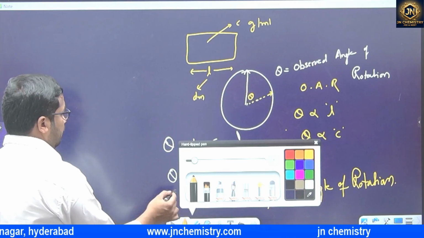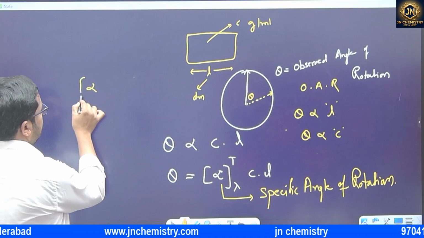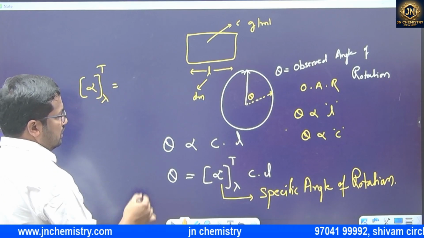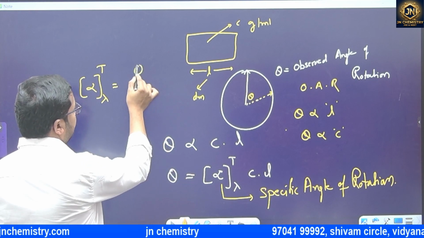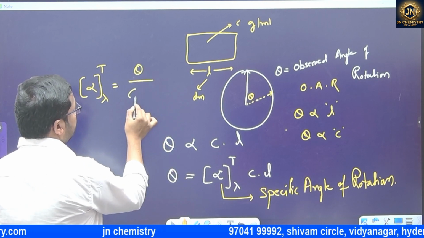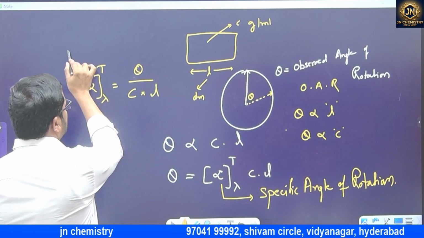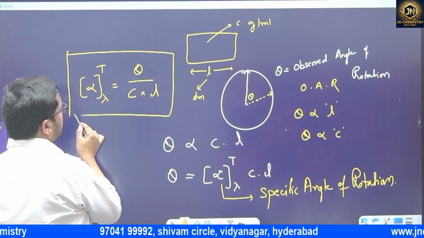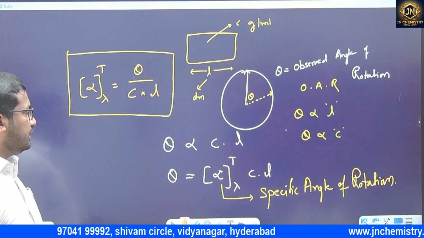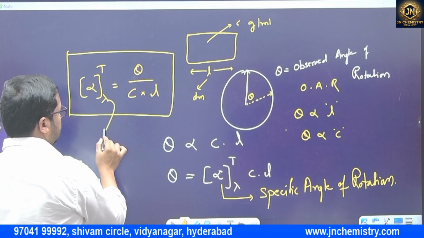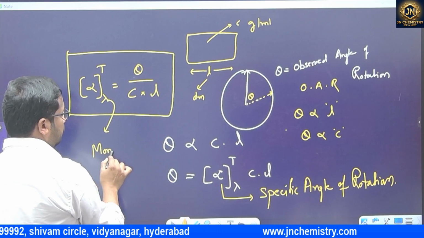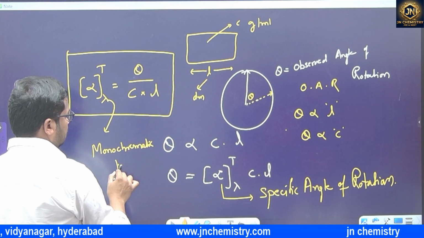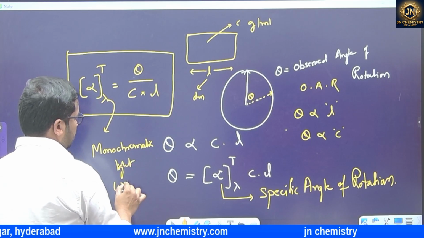So we can write alpha T lambda is equals to theta by C into L. T means temperature, lambda means monochromatic light wavelength.